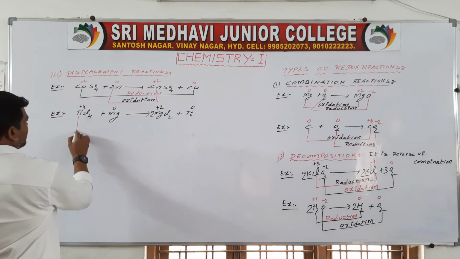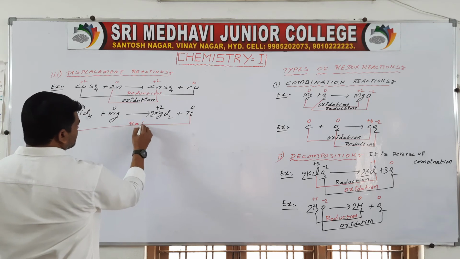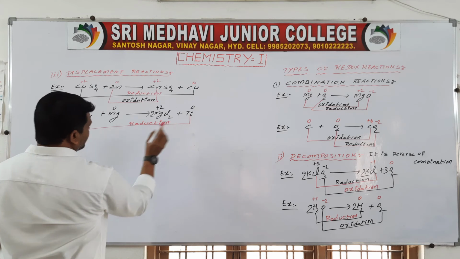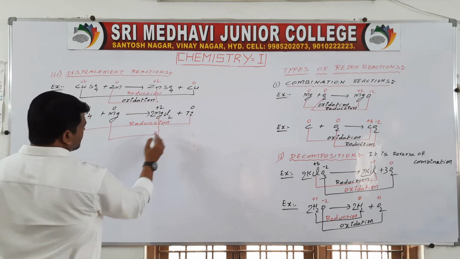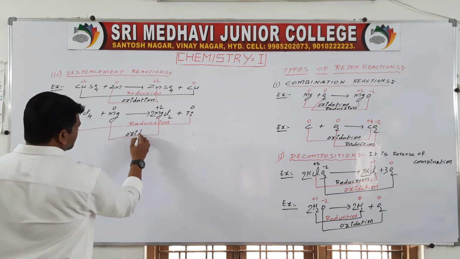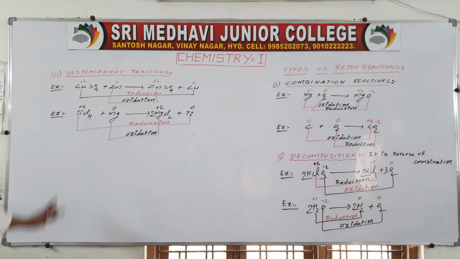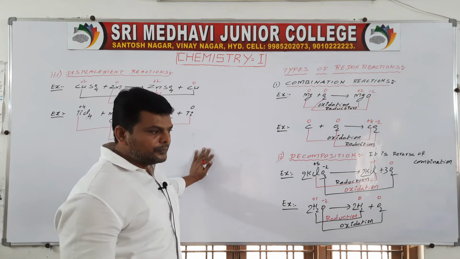Titanium plus 4 to 0, what happened? Reduction. So magnesium 0 to plus 2, what happened? Oxidation. These two are examples for a displacement reaction.